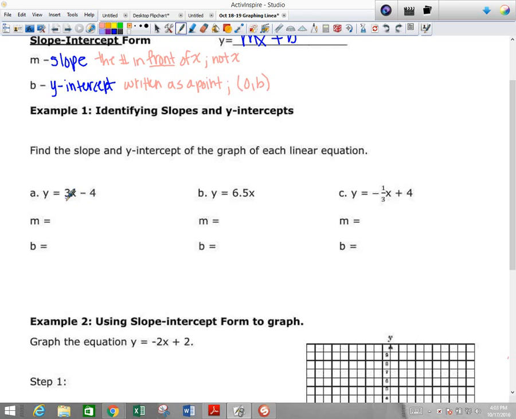Remember that the slope is the number in front of x. It is not x. So you wouldn't write 3x. You will write 3. And then the y-intercept, you want to make sure that you take the sign that's in front of the number. This tells you whether it's positive or negative. And remember, we're going to write it as a point. So it'll be (0, -4).